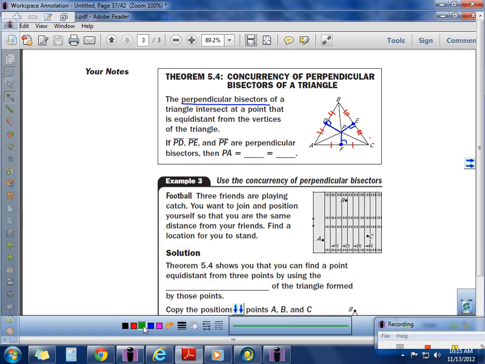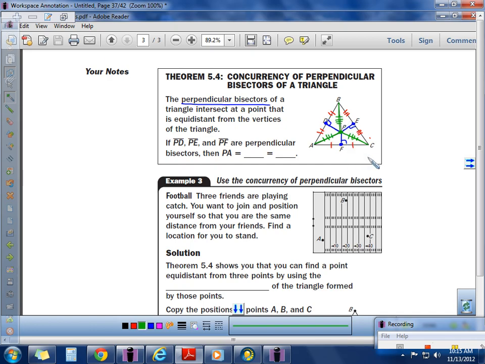Under your definition for equidistant, we wrote which pieces are equal. From where to where? From the vertex to the circumcenter. Vertex to circumcenter. Each of these green pieces are going to be equal. And I'm running out of marks. I guess I should do 4.